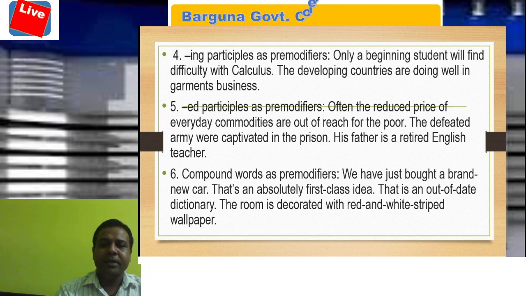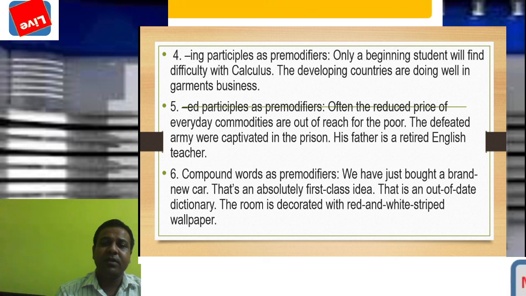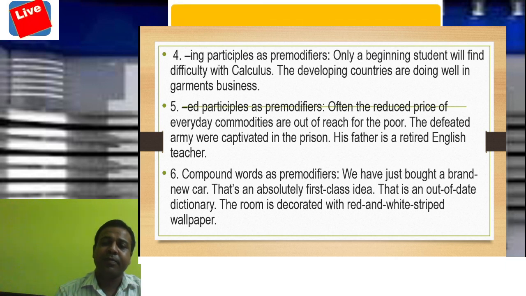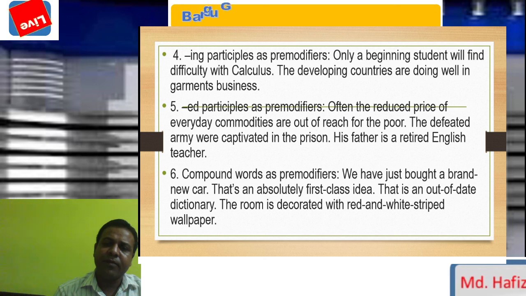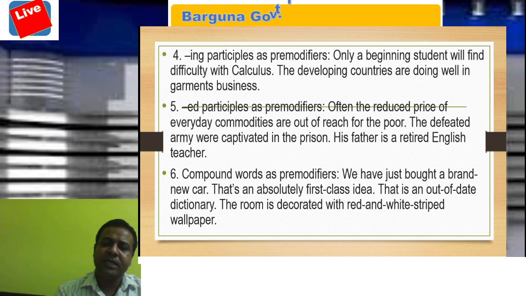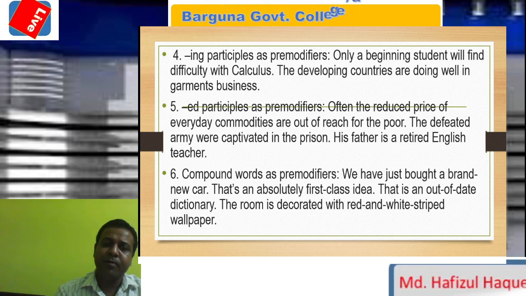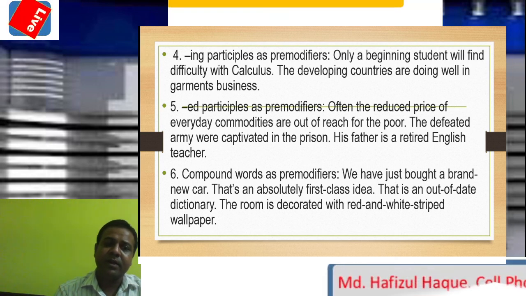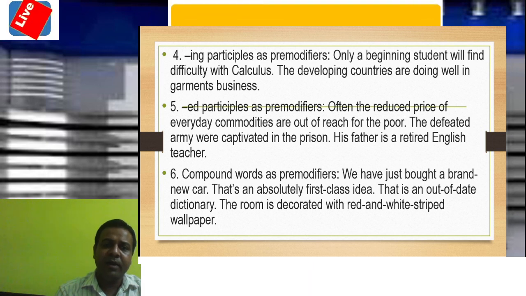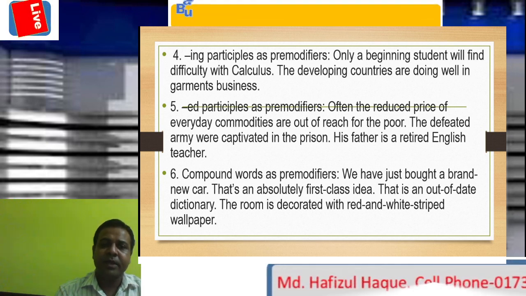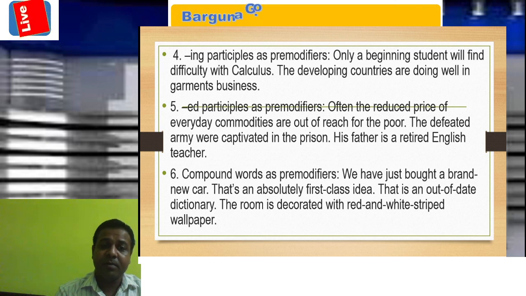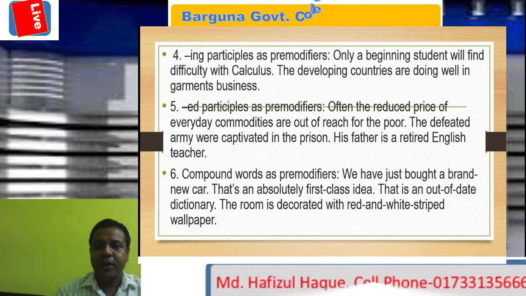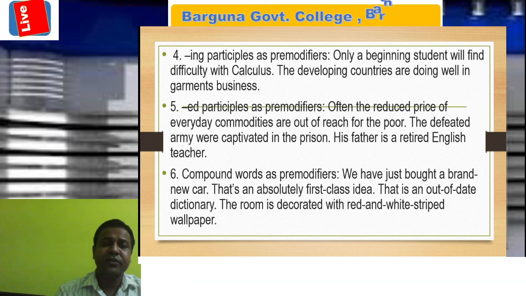Second example, the defeated army was captivated in the prison. The defeated army, defeat is a verb and it takes the ed form and it becomes a past participle and it pre-modifies the noun army, and that is why we see ed participles, that is past participles, as pre-modifiers.